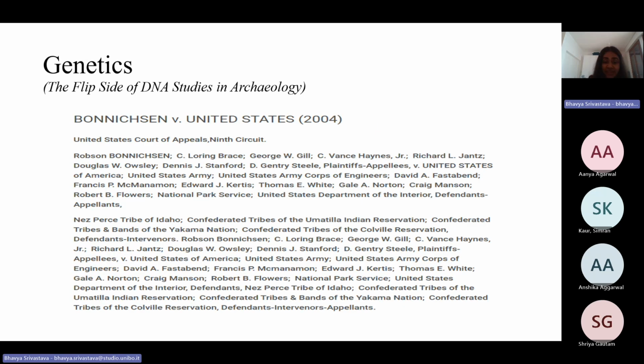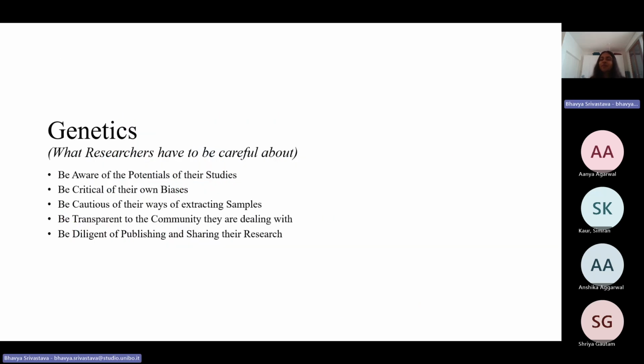So you can read on these cases. These are some of the more known ones, which brings me towards the end of this entire brief presentation, that researchers have to be very, very critical of what they are trying to achieve through DNA studies, what they are trying to tell people, or to whom they are actually trying to tell these things.